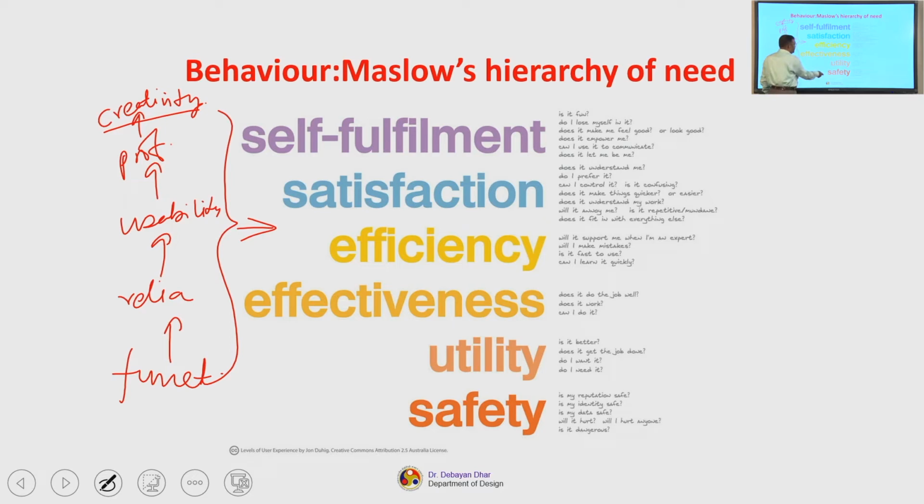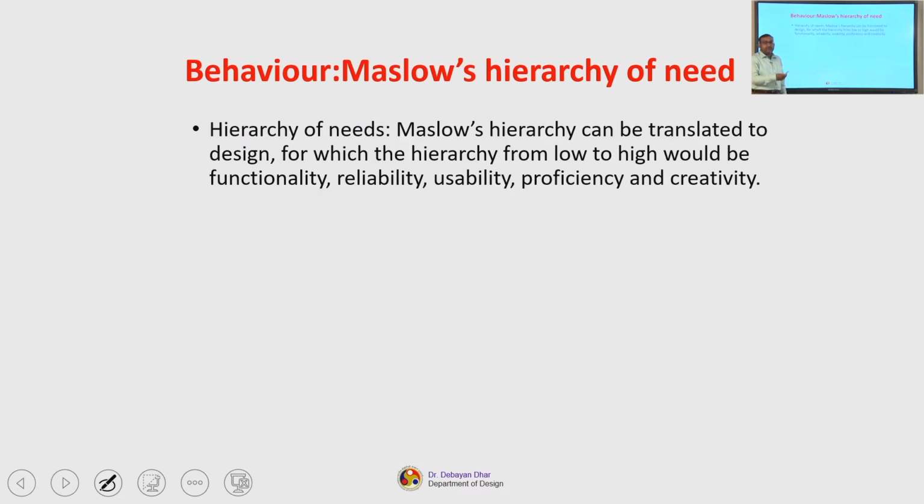You can see safety starts first, then utility, then effectiveness, and then efficiency, satisfaction and self fulfillment. At the lowest level we are talking about functions. In the last slide we discussed functionality, moving on to reliability.